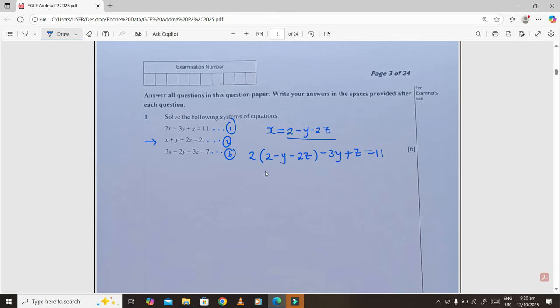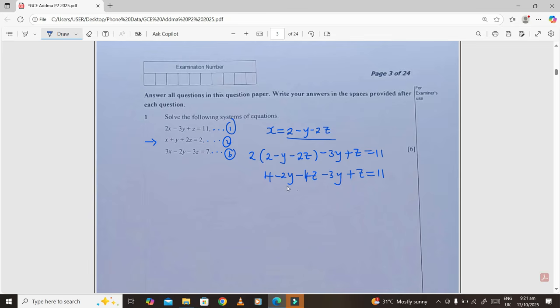So you simplify, this is a 4 minus 2y, minus 4z minus 3y plus z is equal to 11. So I've just gotten rid of the brackets by multiplying this 2 by everything that is inside the brackets.